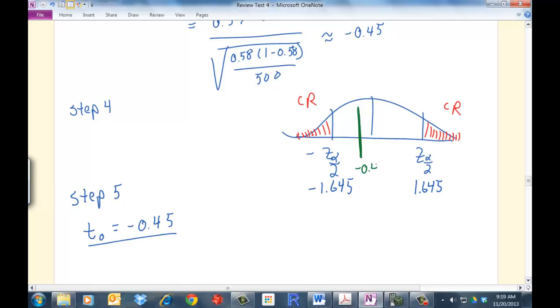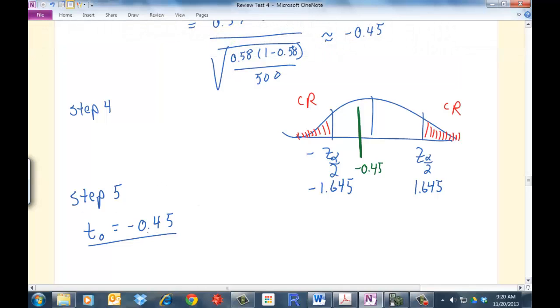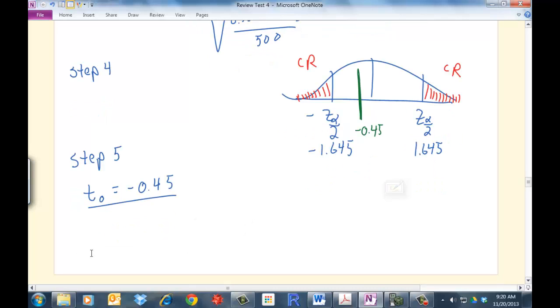Minus 0.45 is not in the red region. So the conclusion is we fail to reject, and that's step 6. Step 6, fail to reject H0.